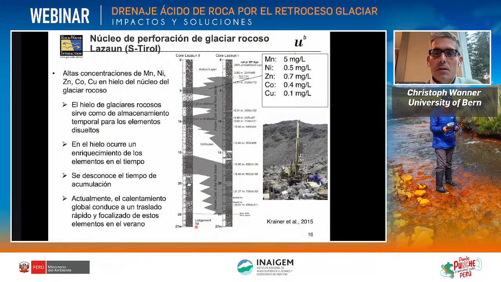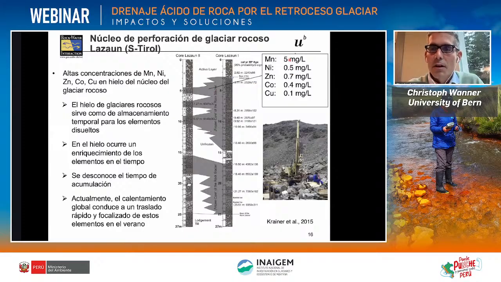And this was confirmed by a study done in northern Italy, where a drill core was taken from one of these rock glaciers. So you see two ice lenses were drilled. And then the ice was melted, was filtrated, and then the toxic element concentration was determined.